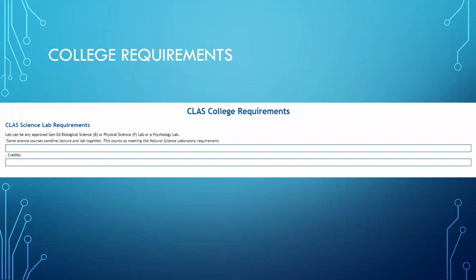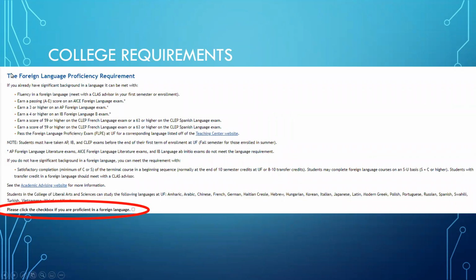When that's done, the middle of the page discusses the foreign language proficiency requirement. Everyone who is in the College of Liberal Arts and Sciences must demonstrate foreign language proficiency at the college level. There's multiple ways to meet the language requirement. If you have fluency in a language, you want to meet with an academic advisor within your first semester to discuss if you actually can meet the language requirement or if you would need courses.